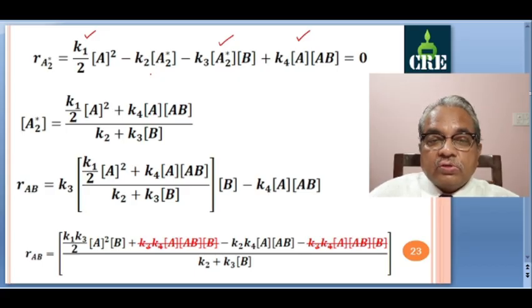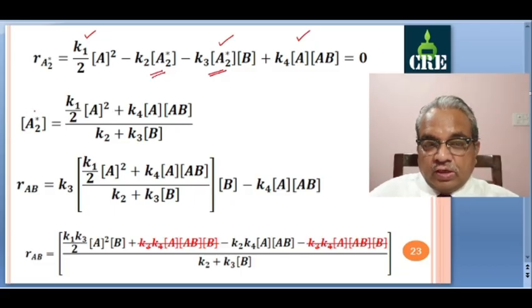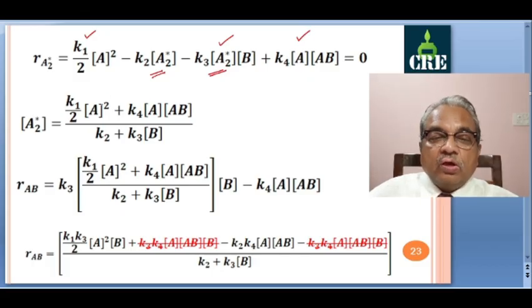The two terms where A2 star is there, I am transferring on this side equating to 0, and A2 star I am taking common, and what is left is K2 plus K3 into concentration of B. So this I will bring in the denominator. So I got concentration of A2 star, which is an unknown quantity for me, in terms of known quantities, concentration of A, concentration of B and concentration of AB, which we can easily determine by taking out the samples.